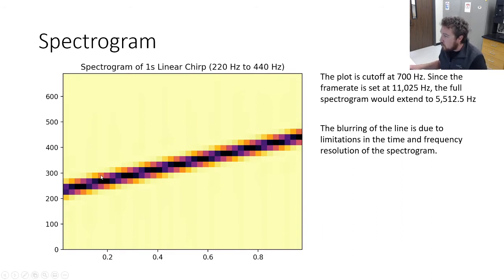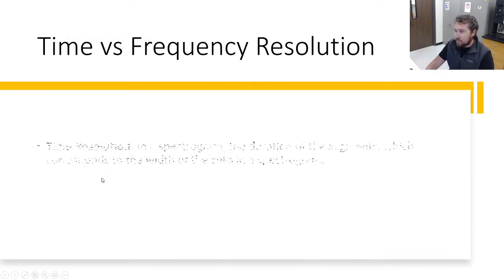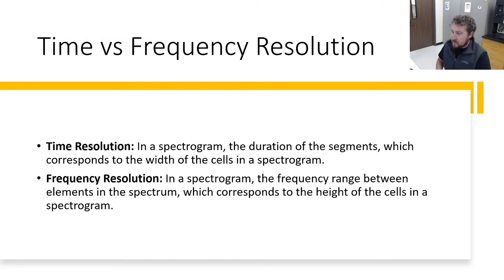Since we set 512 as our segment size, we're going to get cells that are vertically and horizontally the same size. Frequency resolution is the frequency range between elements in the spectrum, which corresponds to the height of the cells in a spectrogram.